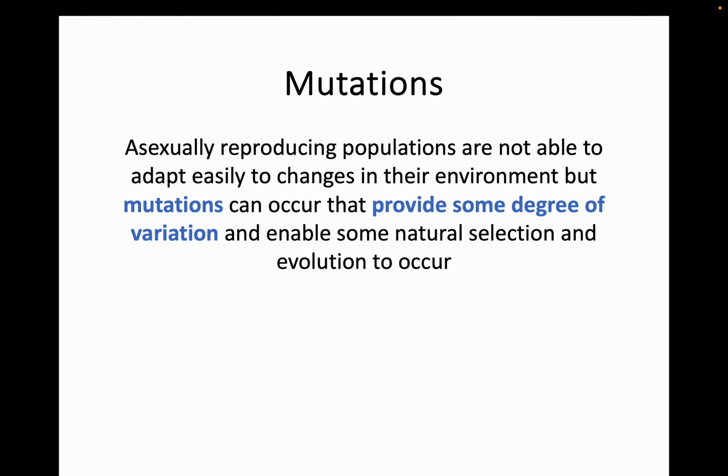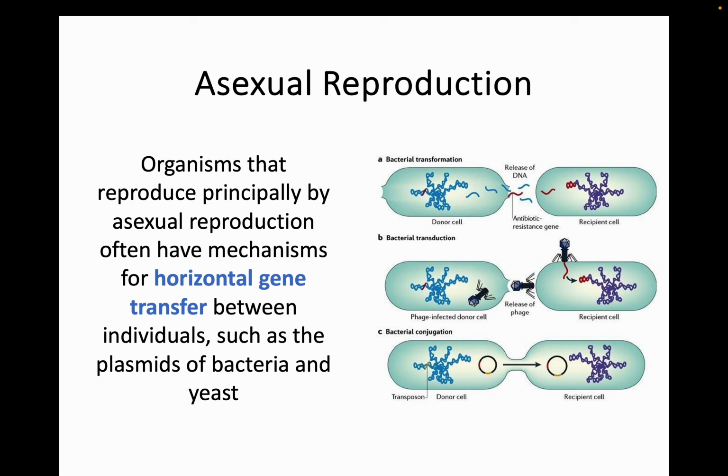Obviously, this is just in a very, very small way in comparison to sexually reproducing organisms, but it'd be wrong to say there is no variation in asexually reproducing populations. There is some, but it'd only be a tiny amount.